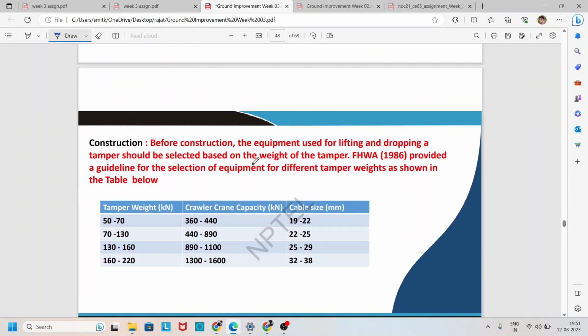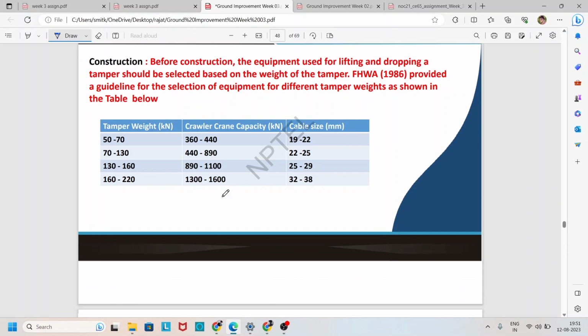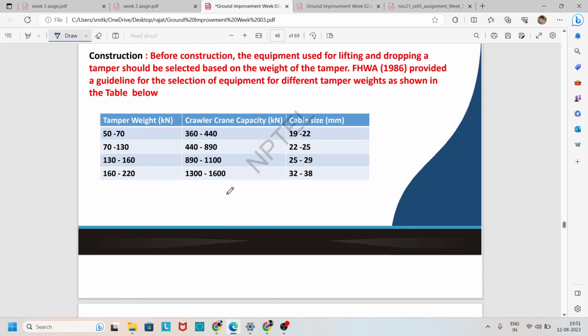So here is one table given by FHWA 1986. By this table we can see what type of tamper is used, and for what tamper what crane is used.